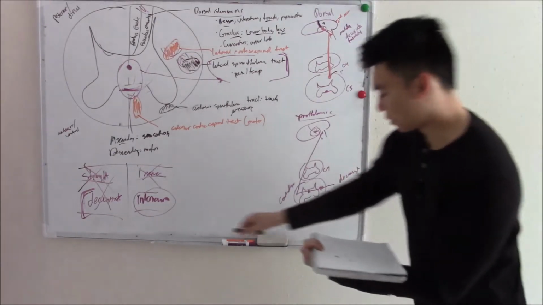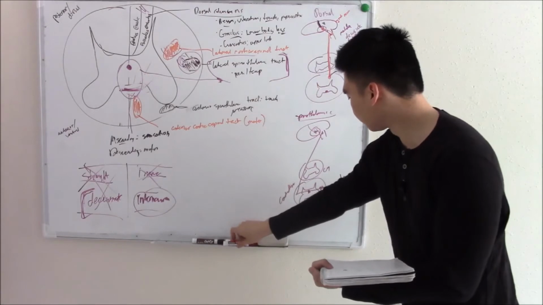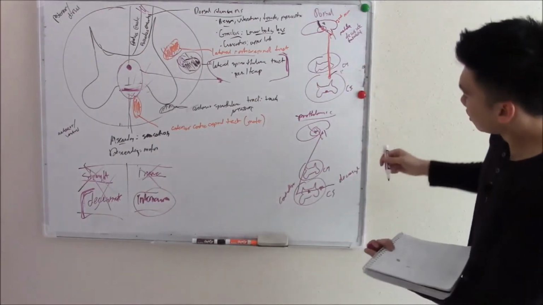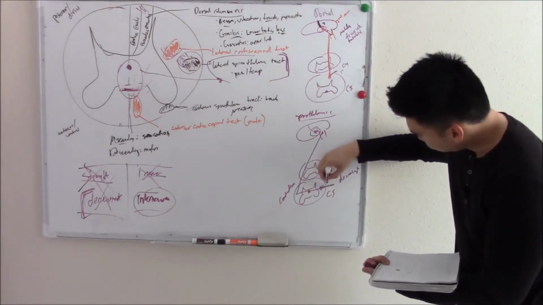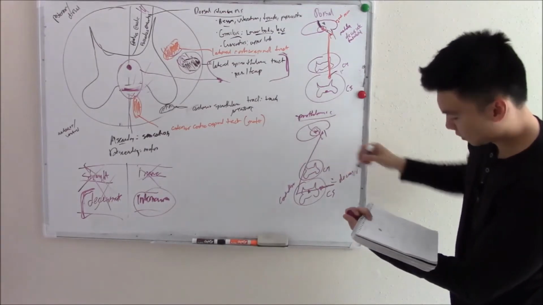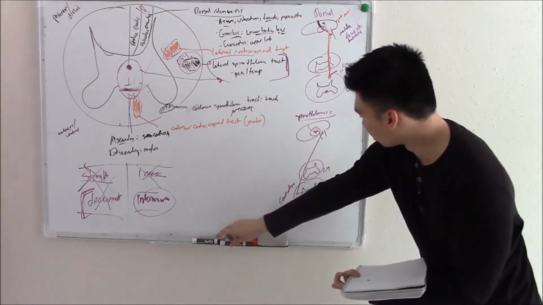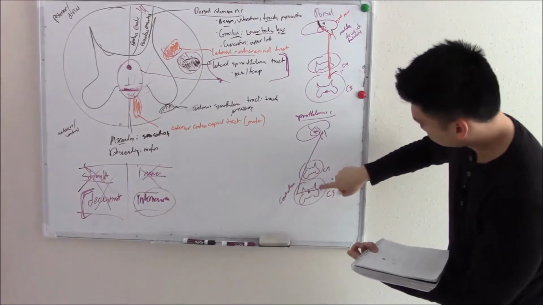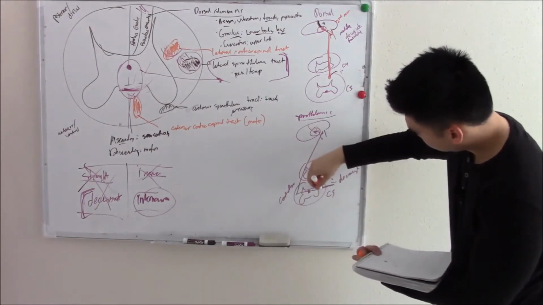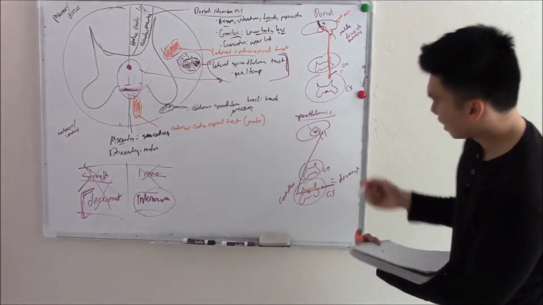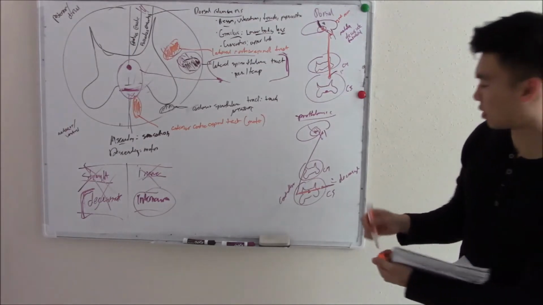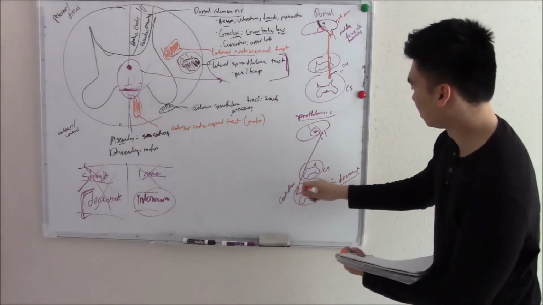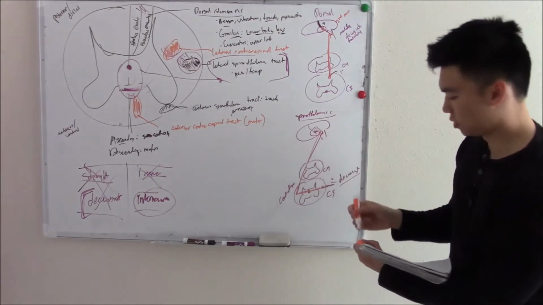How about your spinothalamic tract? Well, it does pretty much the same thing. So it'll come in on the lateral end. This is your first order. It will synapse and meet another neuron. And that neuron will immediately cross over, immediately decussate and go all the way up to your thalamus.